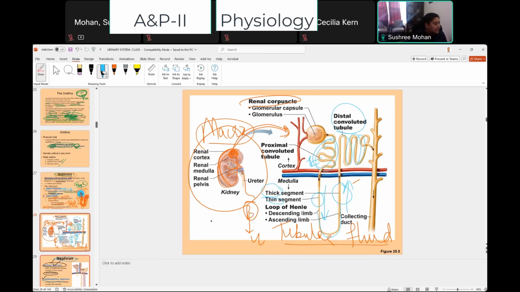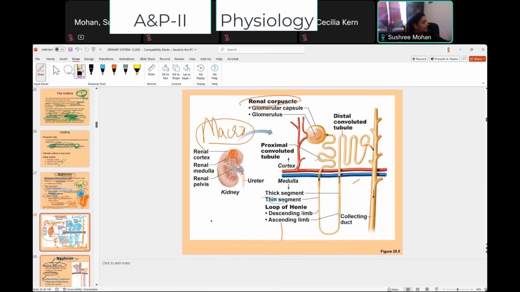So PCT, descending, ascending, DCT. The whole stuff is renal tubule. This guy is the corpuscle, containing the capsule or the Bowman's capsule and the glomerulus, the coiled arteries inside it. So this whole structure is the nephron where the filtration will happen.